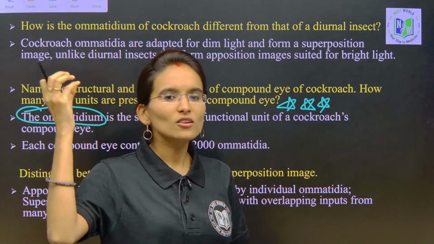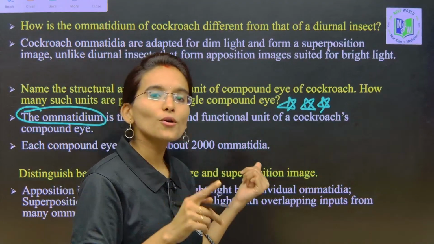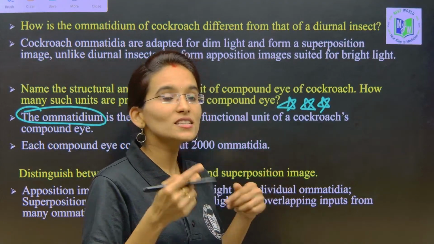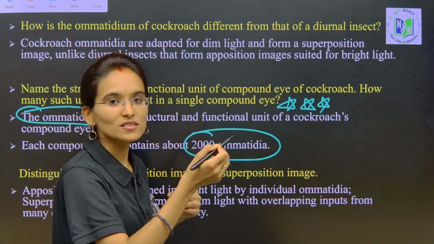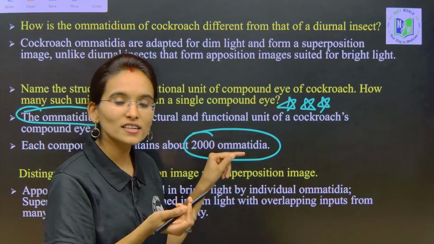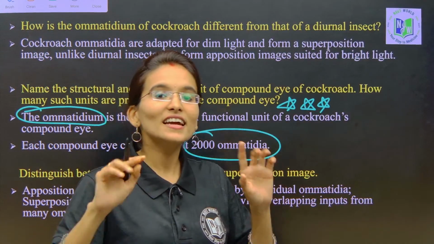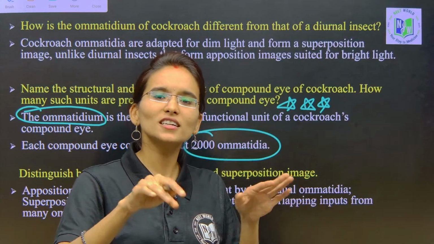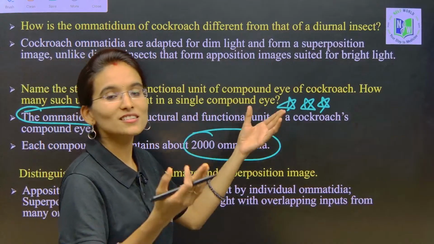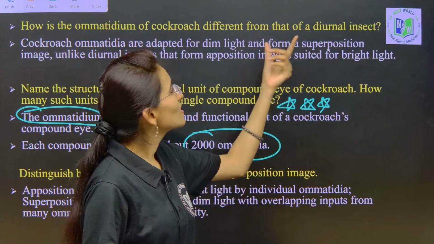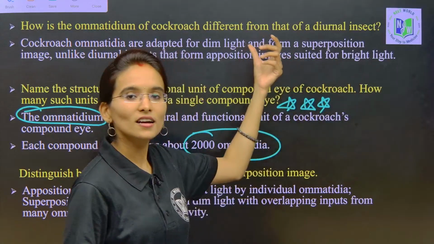There are about 2000 ommatidia, and each ommatidium is involved in forming an image, but at the end it forms only one image, which is not that clear. That is why the image in Periplaneta americana is called a superposition image, which shows only in dim light.